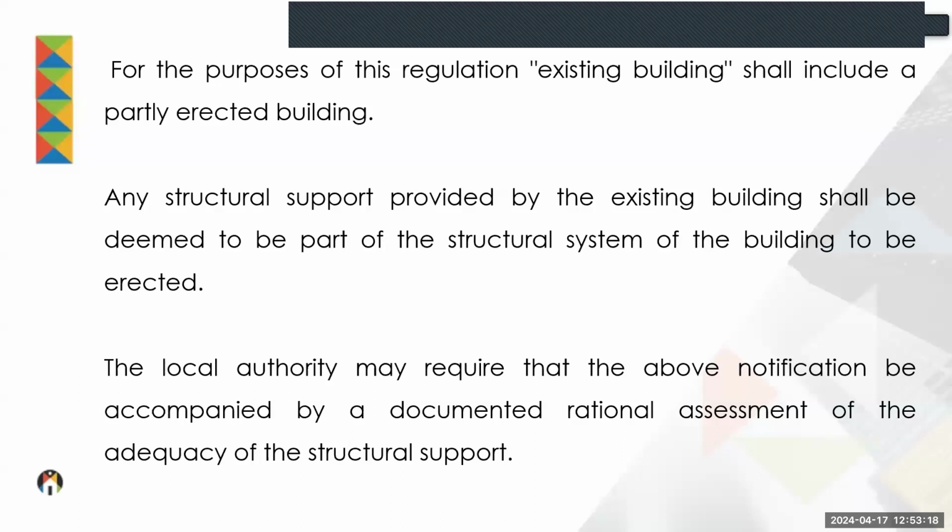Why is it like that? Let's say that you are going to add a lean-to to an existing building. On the one part, that lean-to will have its own wall or columns to carry the loads down to the foundations and then to the ground. But the other side is going to make use of the existing wall or the existing column, whatever the case might be.